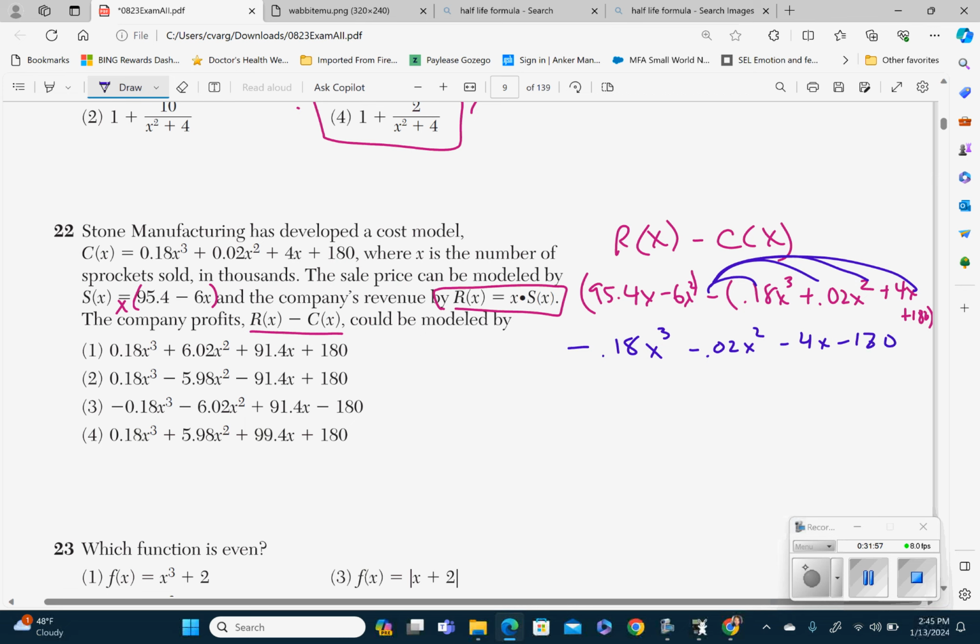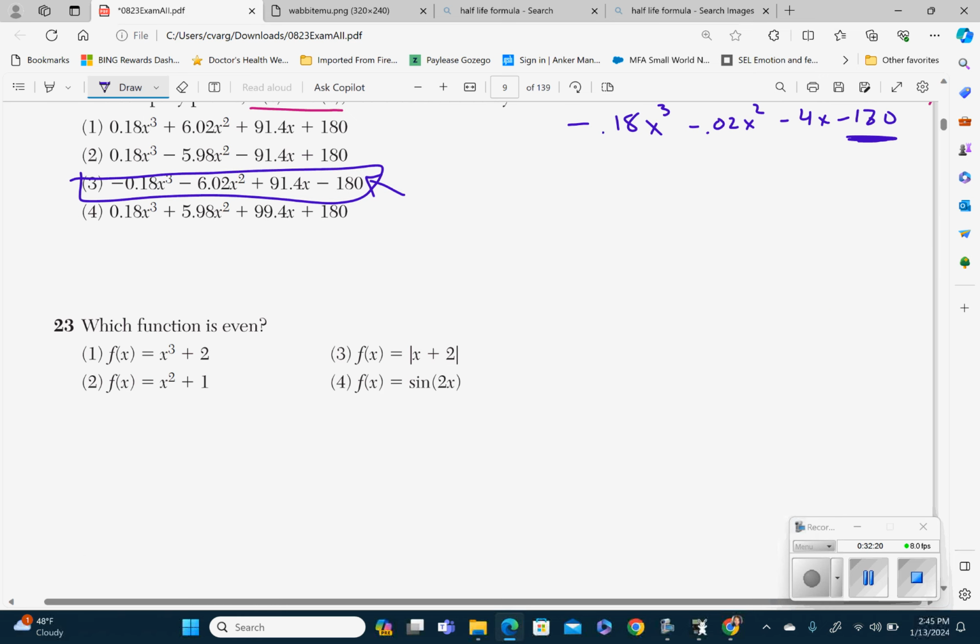And so I'm going to combine some like terms here. When I do that, I'm going to get option number 3 here. So automatically I see that I'm looking for something that has a minus 180, and option number 3 is the only one that does. It's a way to kind of be like, oh, I don't need to do the whole thing.